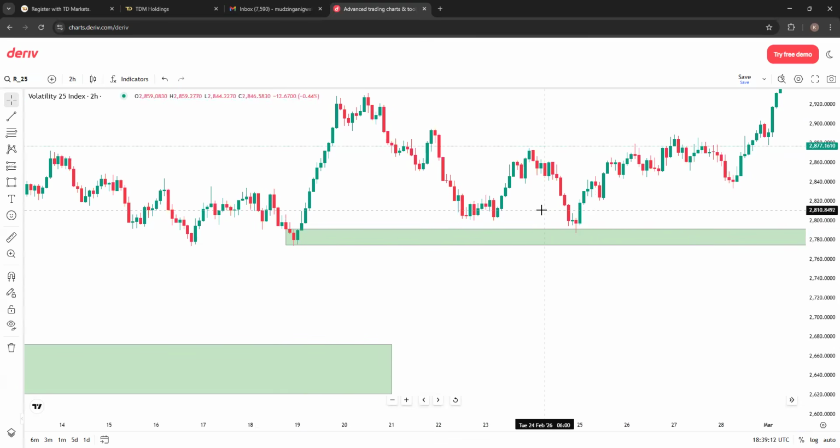Now, order blocks, the way that we use them is we use them as entry points, and the most effective entries are the ones that we get at the peak, not in the middle of a trend. And what do I mean by that?